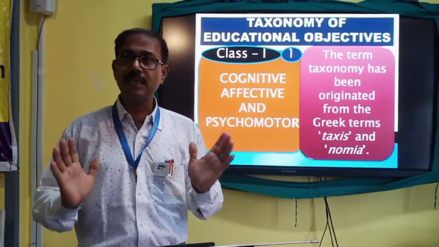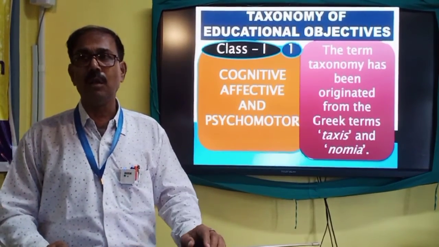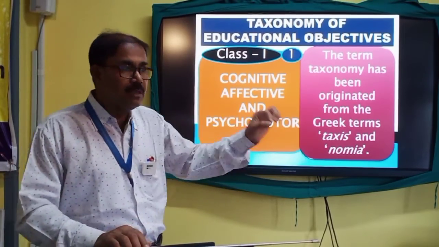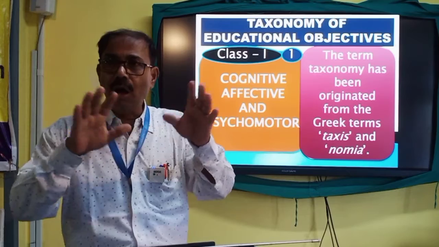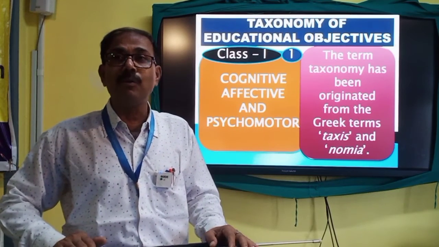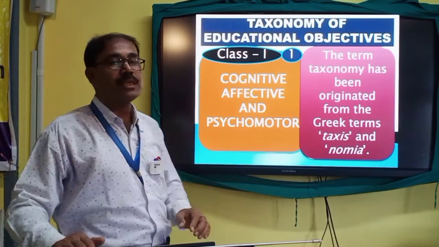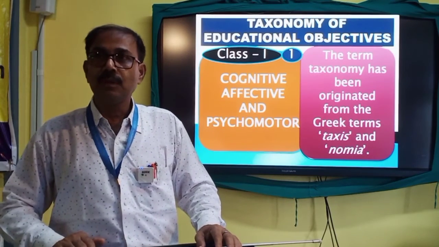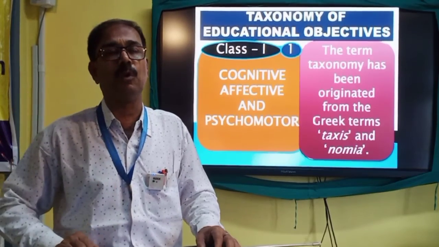And friends, as a whole, forgetting all these specifications which I have mentioned already, all categories of teachers are bound to know about the taxonomy of educational objectives for making the process of teaching very much successful.